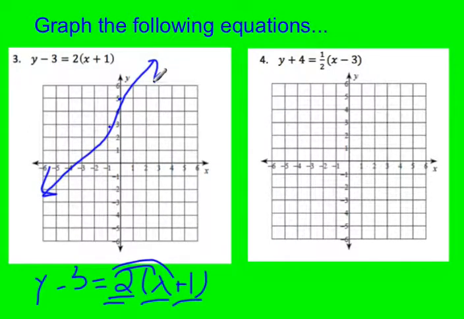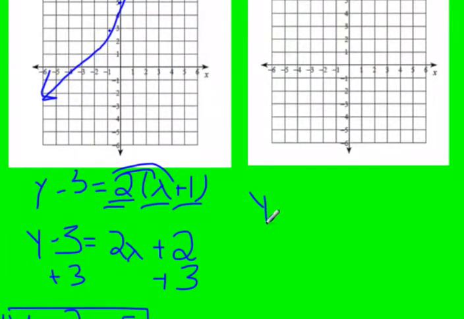Now, let's take a look at number 4. I'm going to start by distributing in that 1/2. When I do that, you end up getting a fraction. So I like to write it as a decimal for right now. I always like to leave my slope as a fraction, but sometimes it's easier to look at negative 3/2 as a negative 1.5 because we have to bring that 4 over.